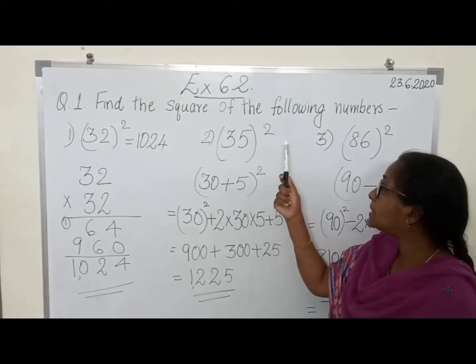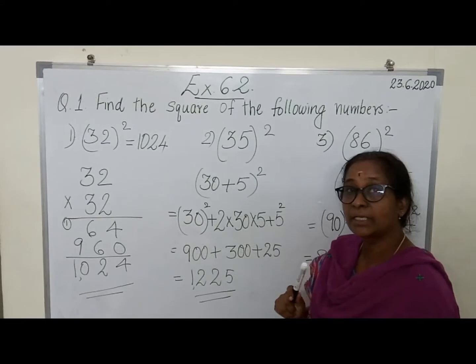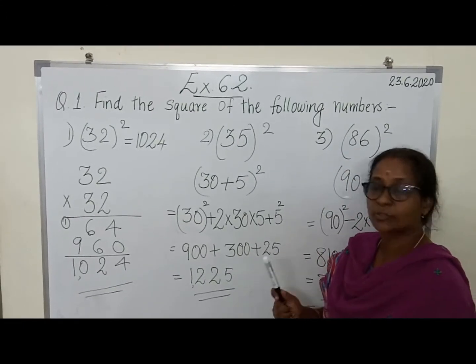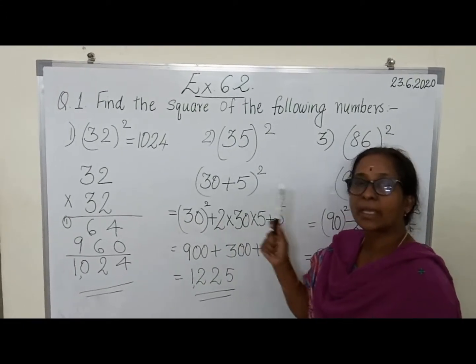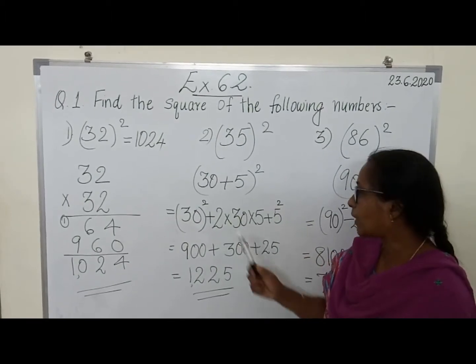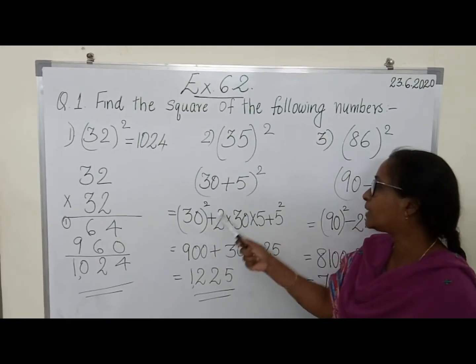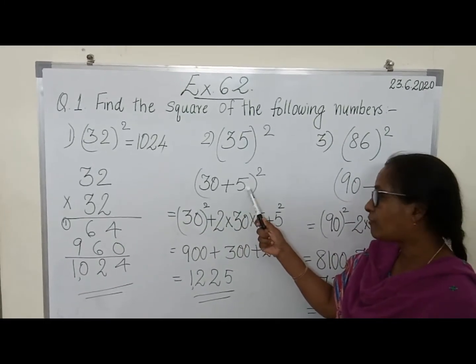35 is equal to 30 plus 5. Which identity is it? A plus B whole square, which is equal to A square plus 2AB plus B square. Here what is A? 30. So A square is 30 square. What is B? 5.